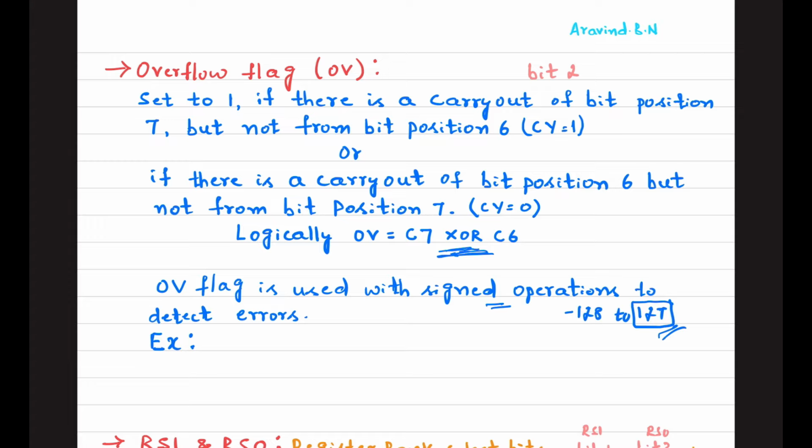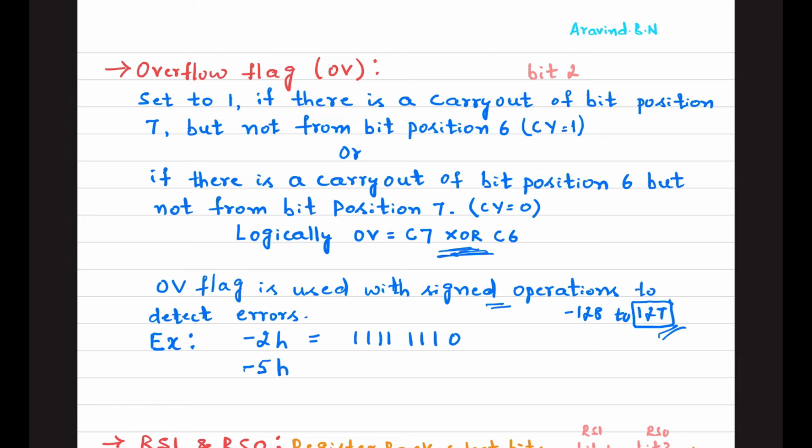I'm going to consider -2 in hexadecimal. In 2's complement it is represented as 1111 1110. Remember, this is its 2's complement.